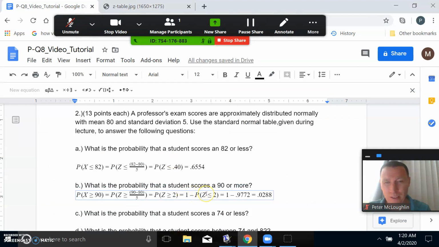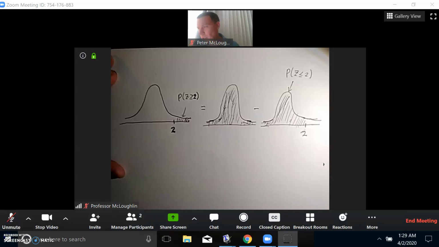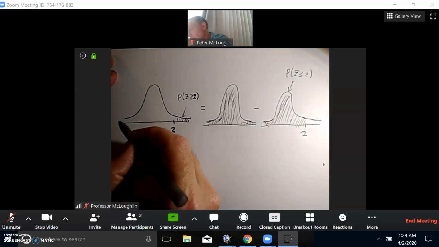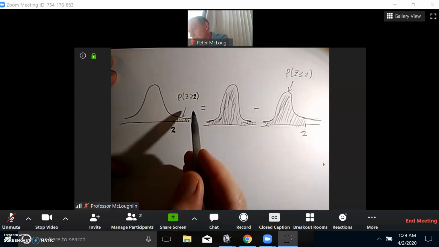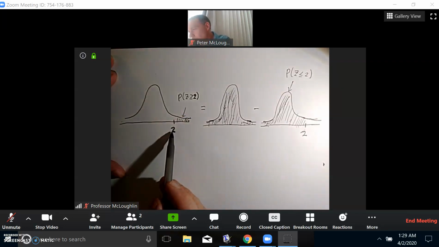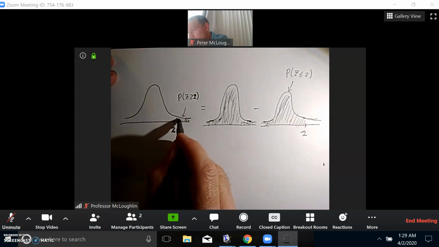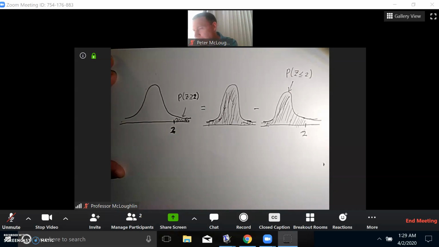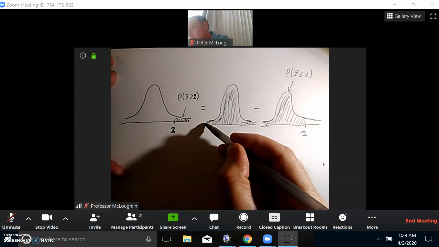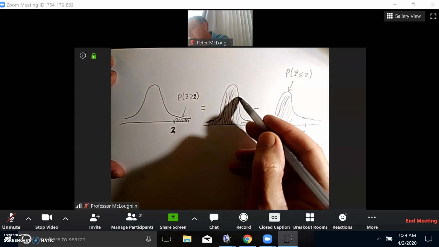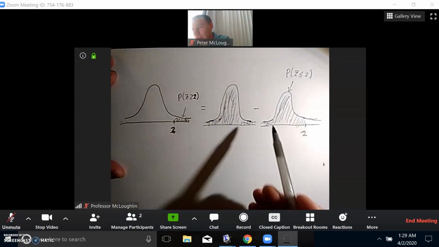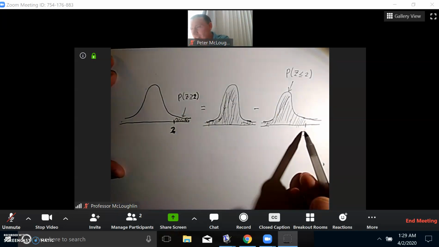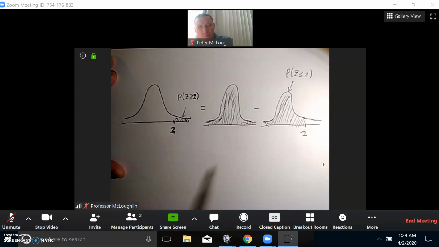So let me explain in a picture. Okay, so here's the picture. We have our standard normal distribution. We're looking for z greater than or equal to 2, so it'll be the area to the right of 2, so here's 2. I claim that's the area underneath the whole standard normal distribution minus the area to the left of 2.